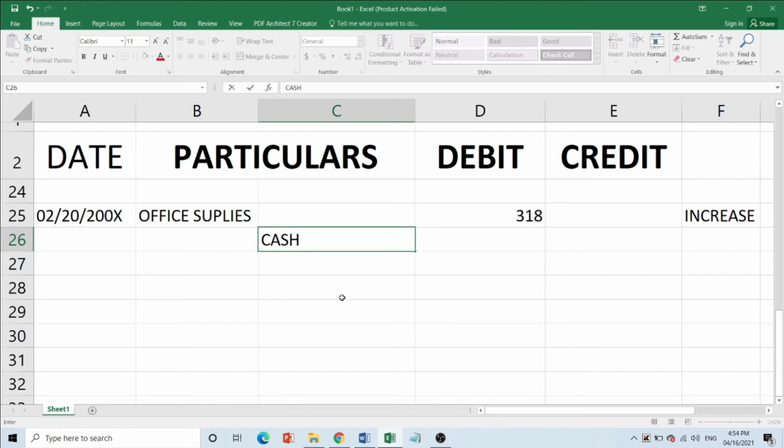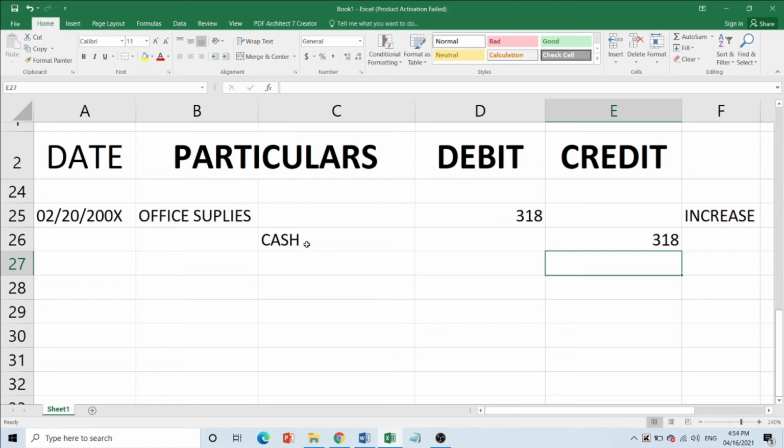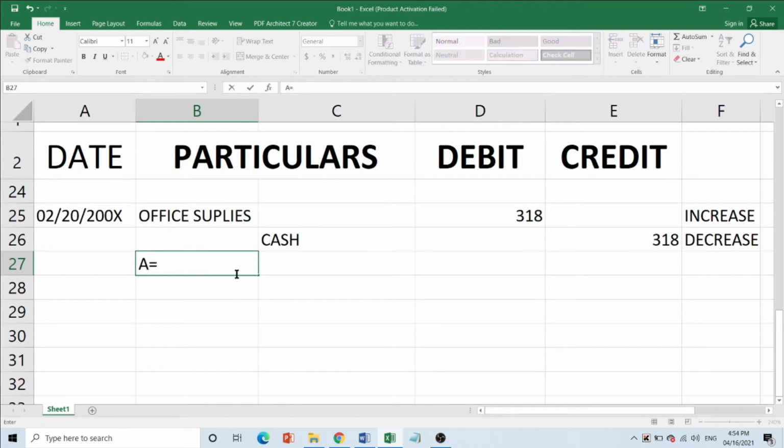Paid in cash, amounting to 380. Normal balance ni asset is debit. But nag-credit ka. So ang nangyari, decrease. Effect kay asset. Kaya nga natin yung ating accounting equation. Assets equals liabilities plus equity. Office supply is an asset, that is an increase in asset.